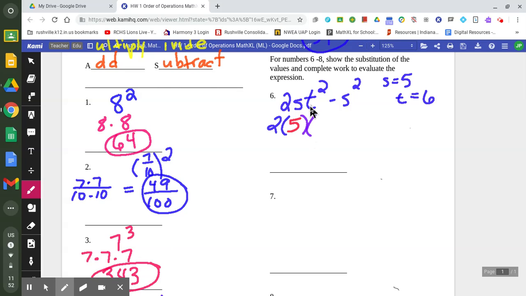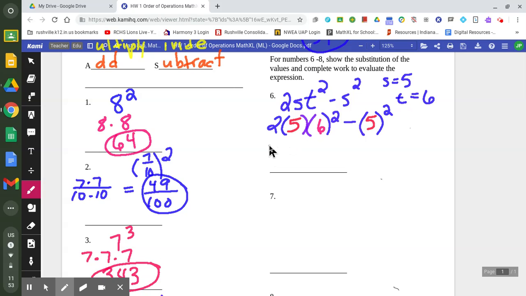And then instead of a T, I will put a 6. And that's squared. And then minus. And then instead of that S, I will put that 5. Squared.